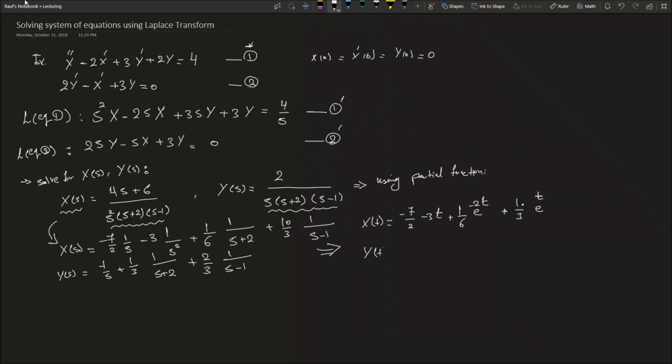Y of t, partial fraction reverse transformation, gives you minus 1 plus 1 over 3 multiplied by e to the power of minus 2t plus 2 over 3 multiplied by e to the power of t, and that's your final solution for the system of equations mentioned in this example.